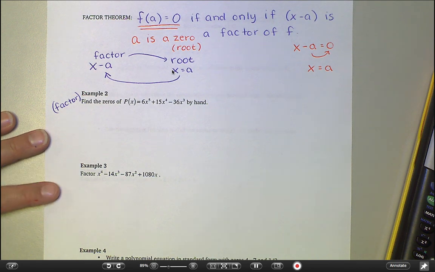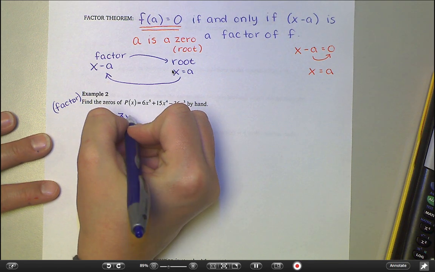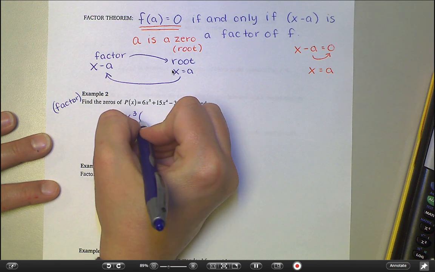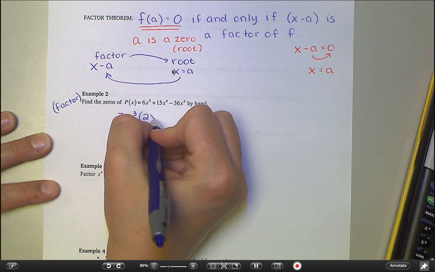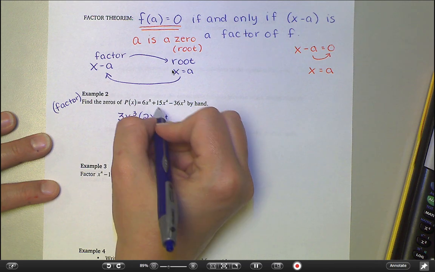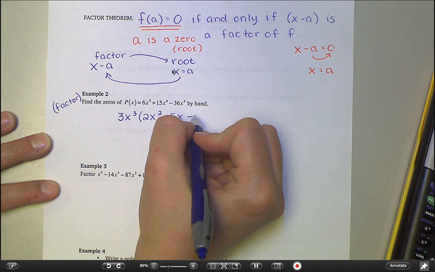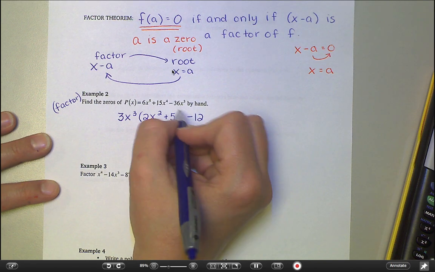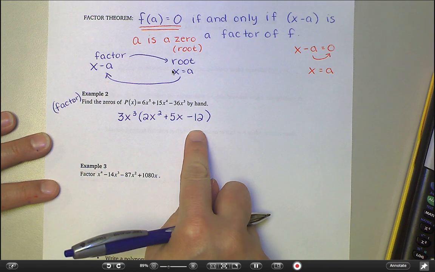So I'm going to start with a GCF, and it looks like I can pull out a 3 and an x cubed. And let's see, that's going to leave me with, divide by 3, and I get 2x squared, 5x minus 12. Yep. And now this needs to break down further.